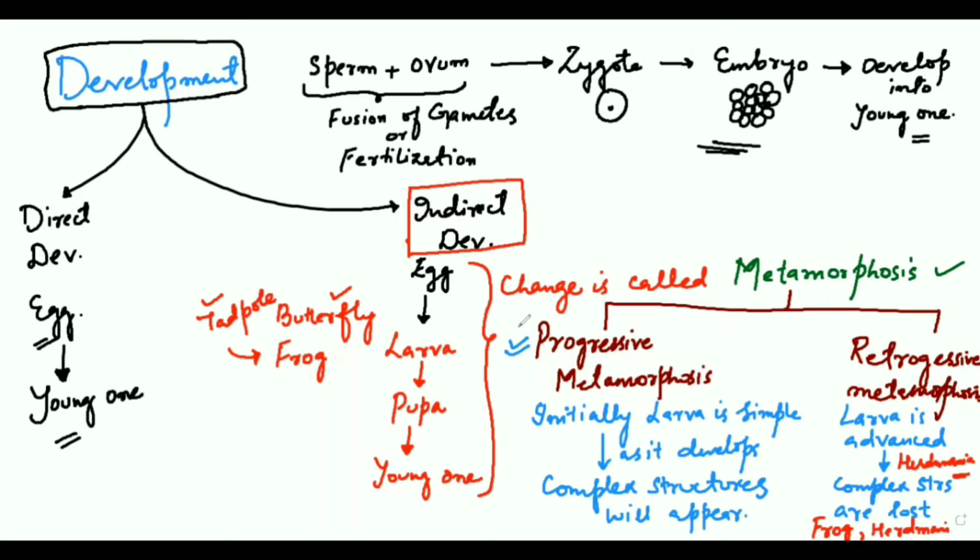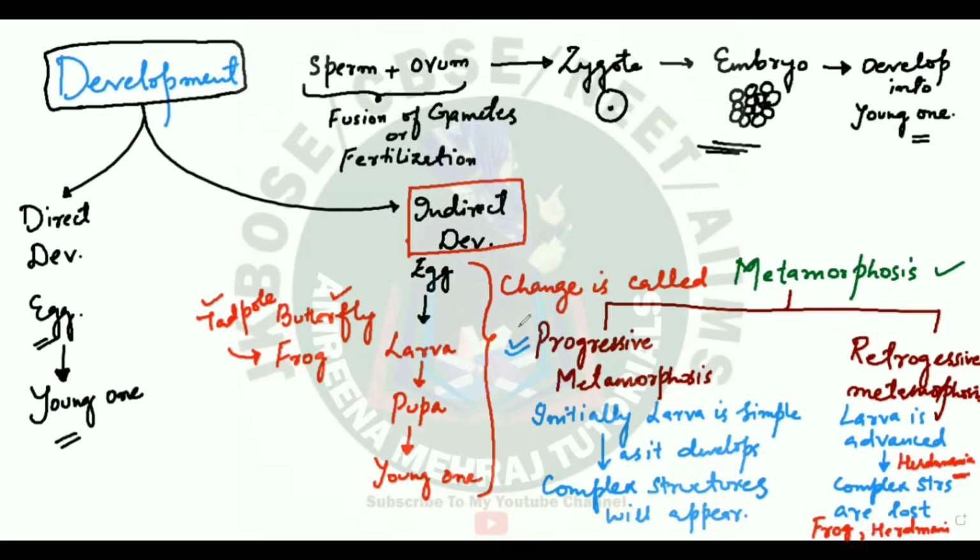The difference is that in progressive, the larva is very simple initially, and as it develops towards the adult, it starts developing complex structures. But it's totally opposite with retrogressive. If you look at retrogressive, we'll see the larva initially was having advanced structures like the tail in tadpole, and as this tadpole converted into a frog, we see the tail disappears. So the complex structure was lost. That type of metamorphosis is called retrogressive metamorphosis.